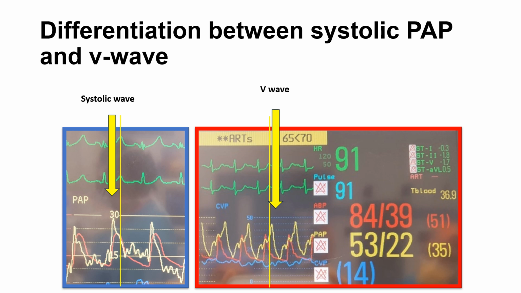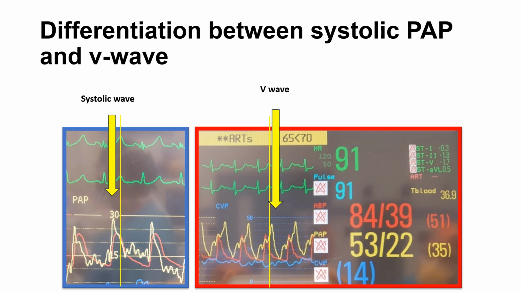The S wave represents the systolic peak pressure during the ventricular systole in the pulmonary artery. The V wave represents the pressure increase in the left atrium during the ventricular systole. Essentially, it is showing the filling of the left atrium against the closed mitral valve, and a larger V wave indicates mitral regurgitation.